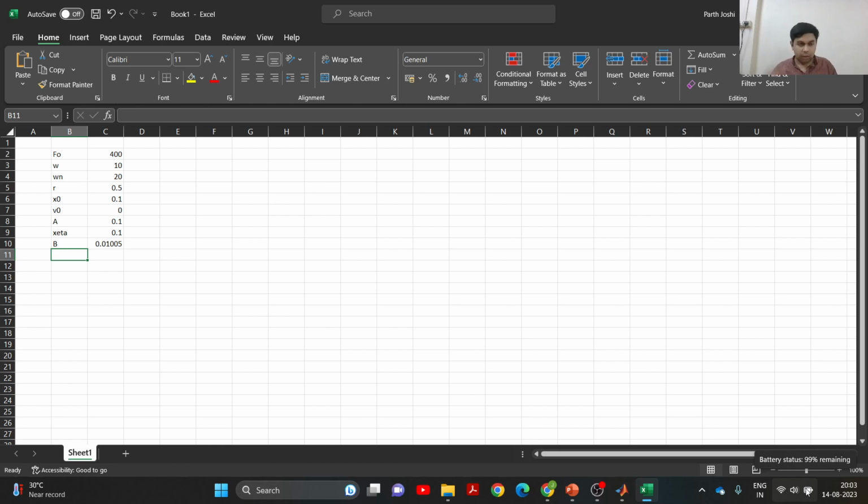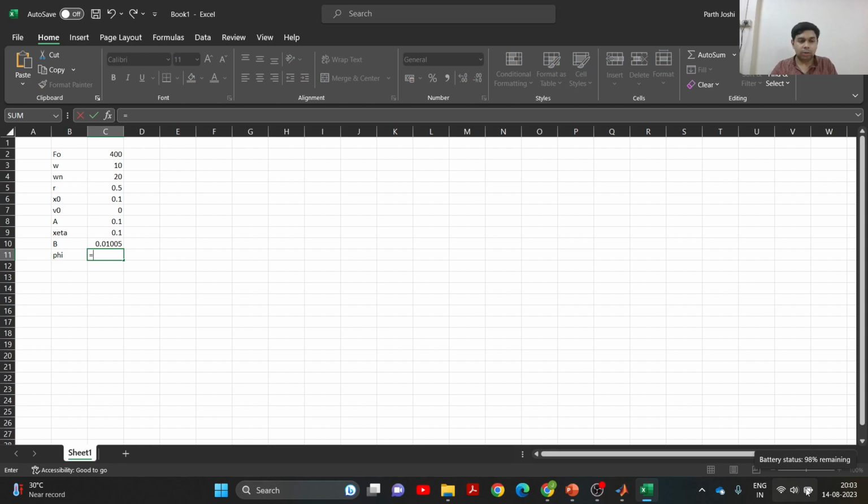So next, we have calculated the values of A and B, and now let us calculate the phase difference phi for the particular solution.